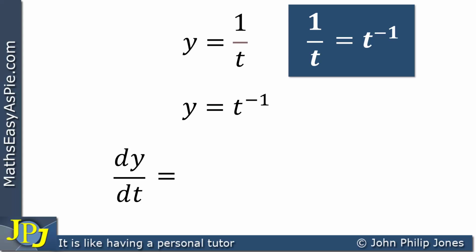And I'm going to take this minus 1 and bring it to here. And I'm going to use that to multiply the t to the minus 1 after this minus 1 is reduced by 1. And that can be seen here, where we have t to the minus 1 minus 1. And of course, minus 1 minus 1 gives minus 2.